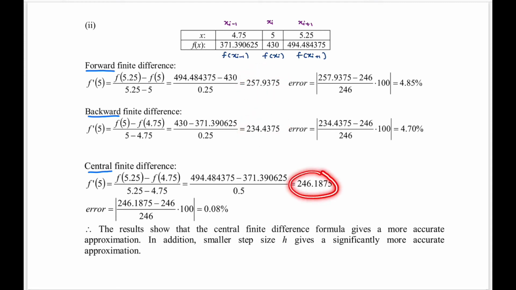And then find the percentage error for forward finite difference 4.85%, backward finite difference 4.70%, and for central finite difference 0.08%. Okay, again the results show that the central finite difference formula give a more accurate approximation. Okay, in addition, the smaller step size h give a significantly more accurate approximation.